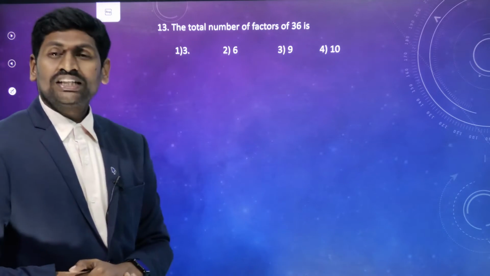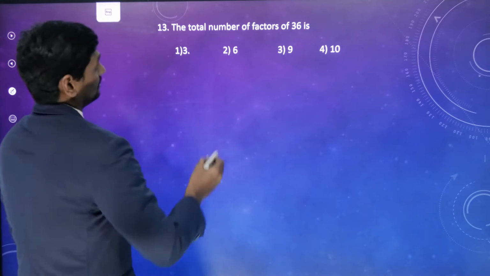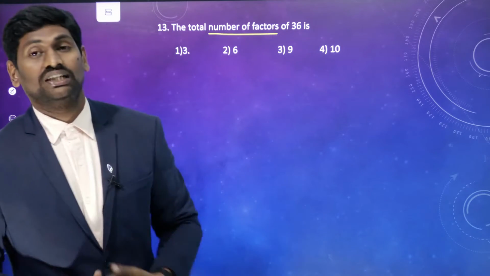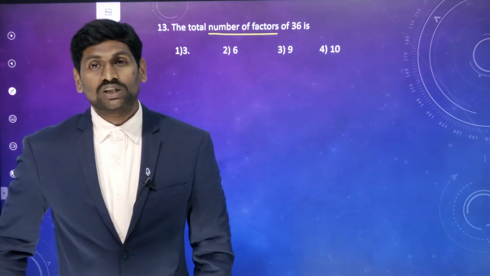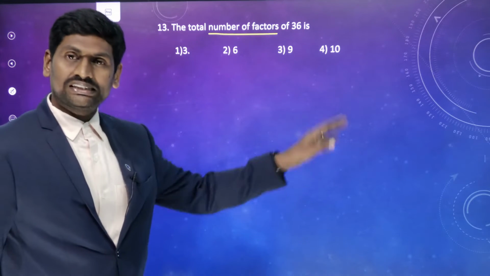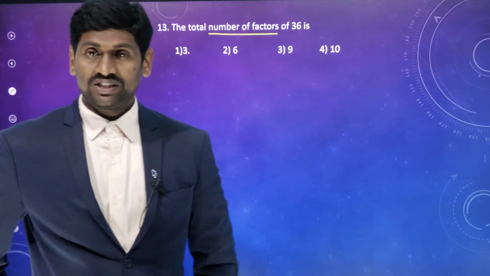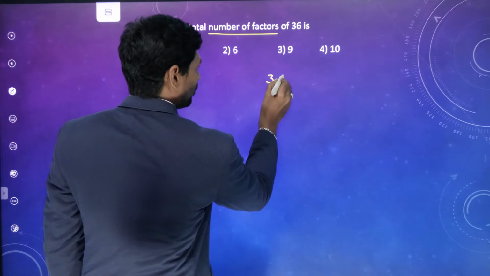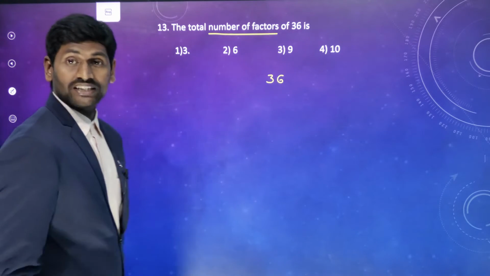Next, total number of factors. We have learned that any composite number can be expressed as a product of primes. So 36 is a composite number. This can be expressed as a product of prime numbers, and the prime factorization is also unique. Let us find the prime factors here.